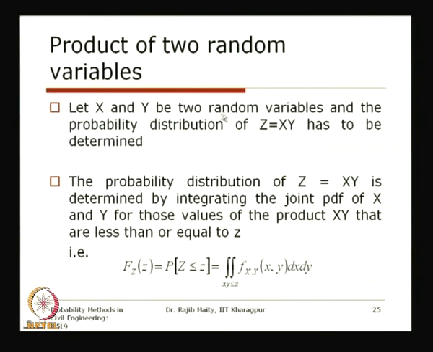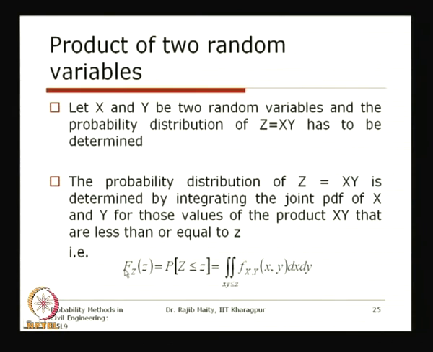Let x and y be two random variables, and the probability distribution of z equals xy has to be determined. The probability distribution of z equals xy is determined by integrating the joint PDF of x and y for those values of the product xy that are less than or equal to z.